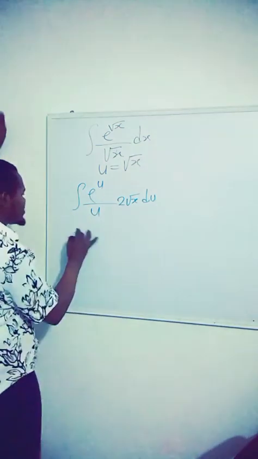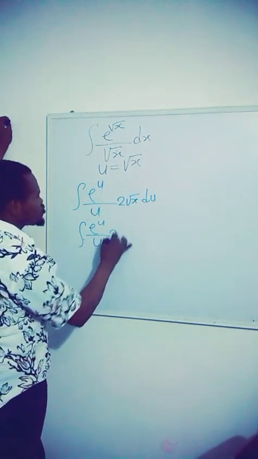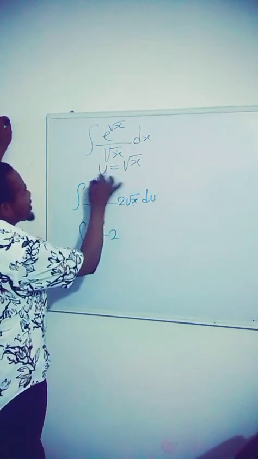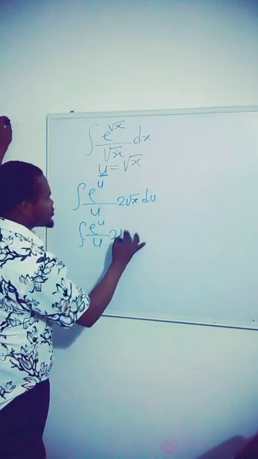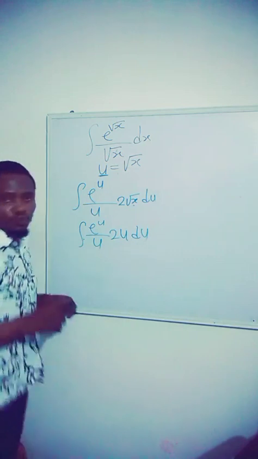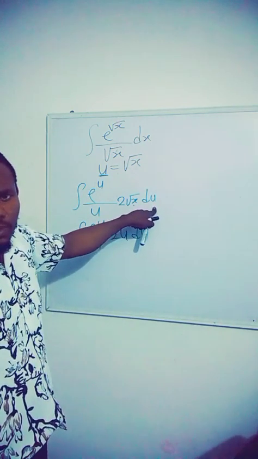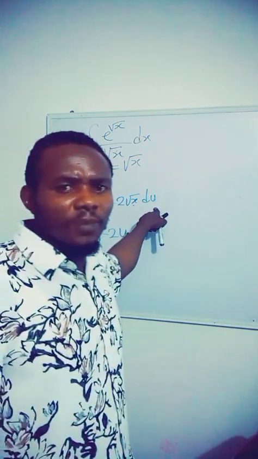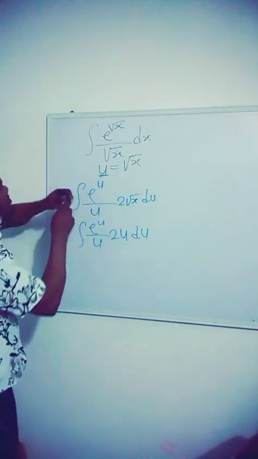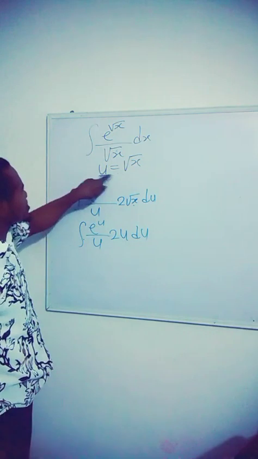Let's continue. We have integral of e raised to power u over u, times 2, instead of root x, I'm going to place u. So it becomes u du. If I did not change everything here to u, I can't integrate with respect to u. You want me to go back? From where? So look at this now. We said let u equals root x, and we have calculated the du/dx.